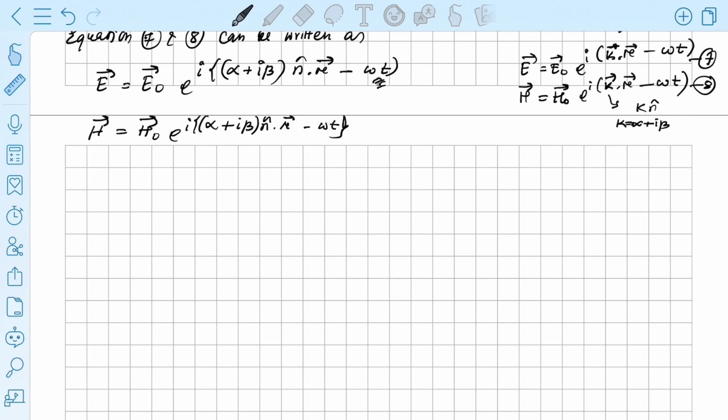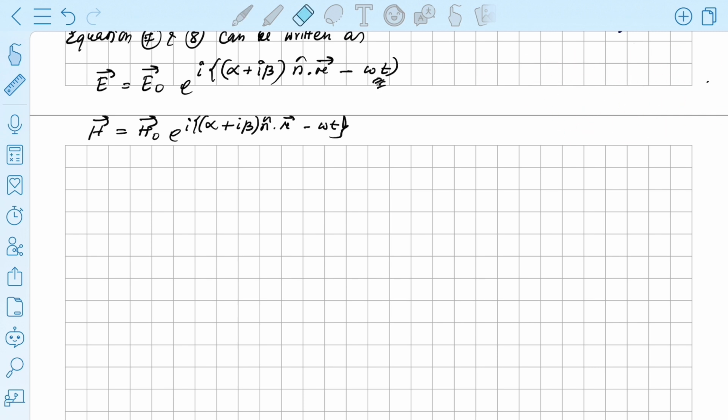If you simplify this, we get E naught e to the power minus beta n cap dot r, then e to the power i, if you open the bracket, alpha n cap dot r minus omega t.